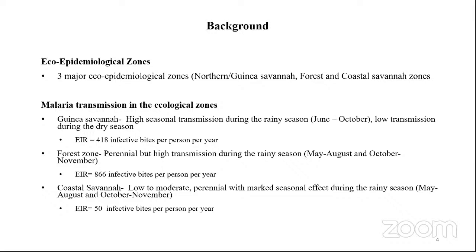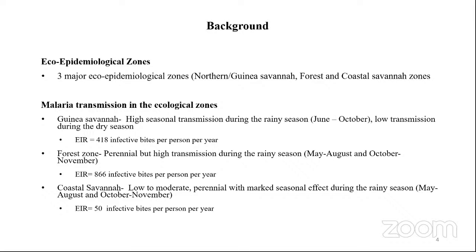Ghana has been divided into three major eco-epidemiological zones. We have the Northern Guinea savanna, the forest belt, and then the coastal savanna zones. Transmission in the Guinea savanna is high, and transmission is known to be high during the rainy seasons and very low during the dry seasons.